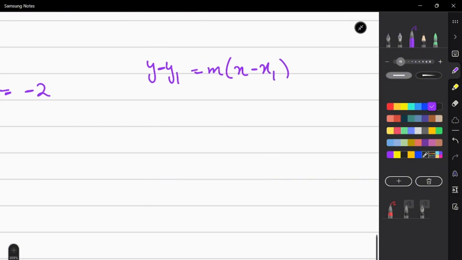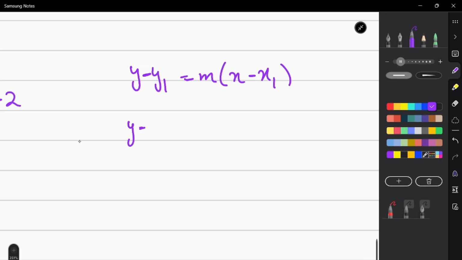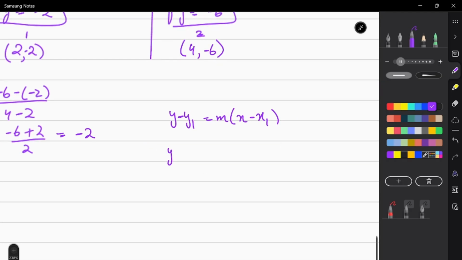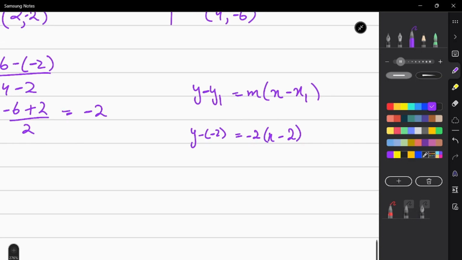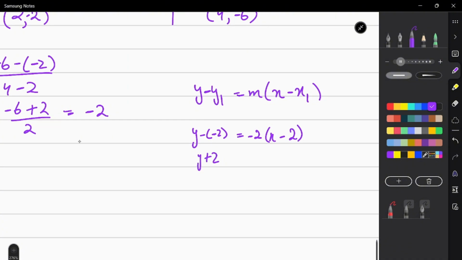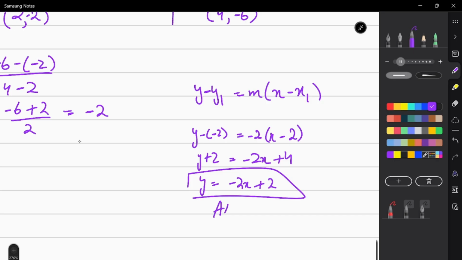And using this, we can figure out the equation of the line. And this is the equation of the line of AB.